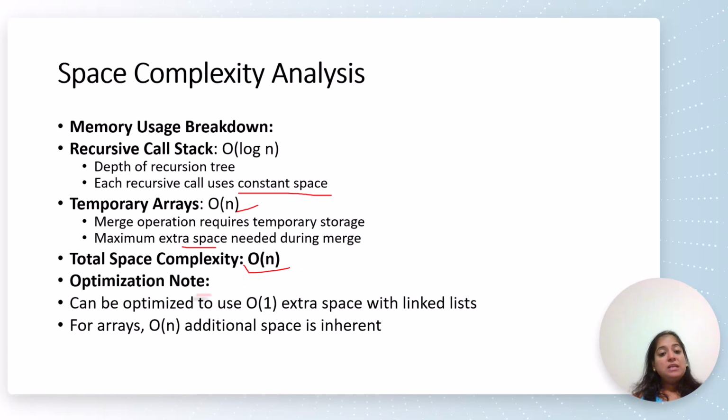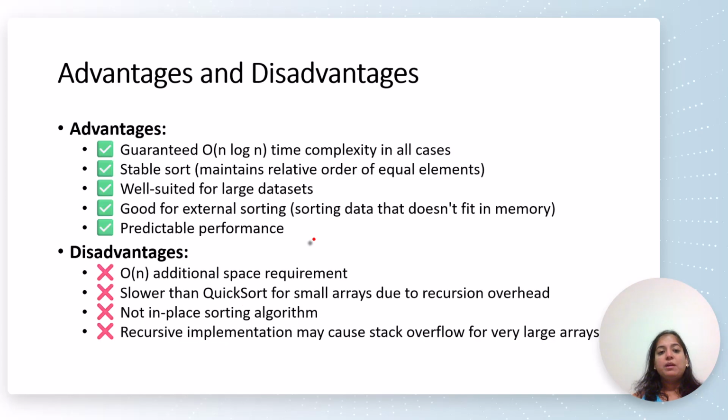If we are using a linked list, this extra space can go down to big O of 1, right? But for arrays, we need to use big O of n additional space. So, advantages and disadvantages. Merge sort is best because it guarantees you big O of n log n time complexity in all cases. It is a stable sort because it maintains the relative order of equal elements.